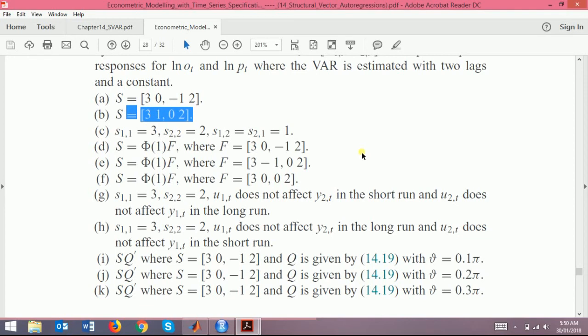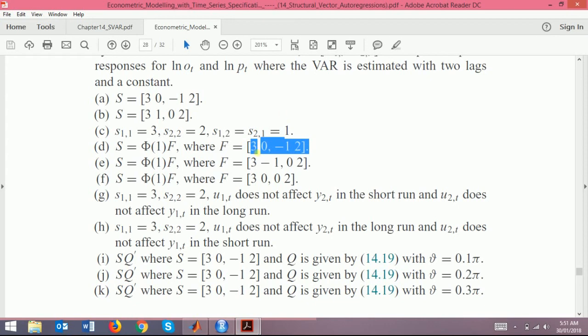So if we take just the elements, then 3 0 minus 1 2 gives you 3 minus 1 0 2. All right, that's why we transpose, because if you are taking elements, then you get 3 minus 1 0 2 instead of 3 0 minus 1 2, but you want 3 0 to be together.